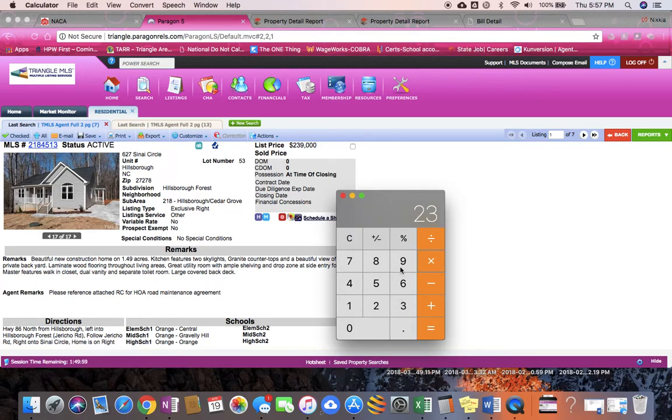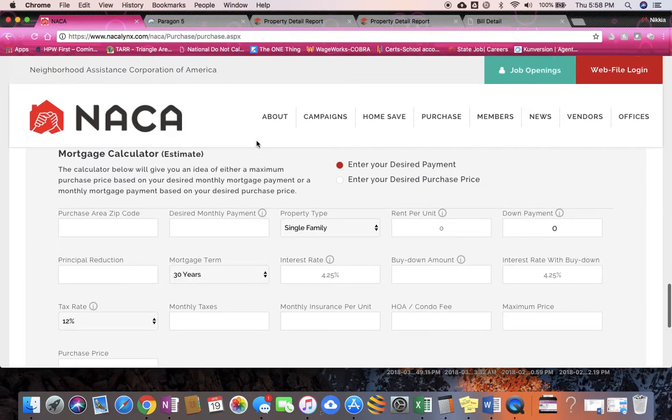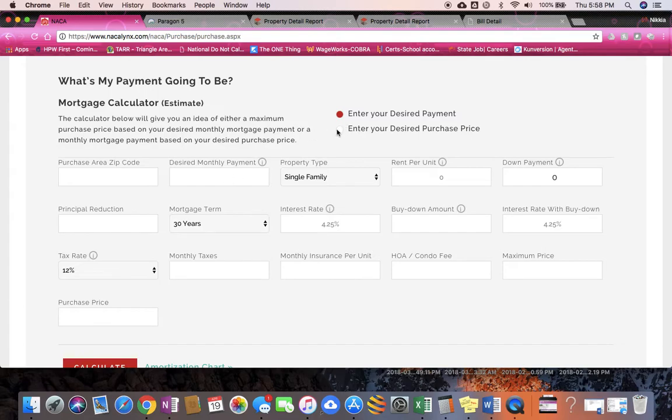Multiply that times 239, and that's going to give me an annual of $2,220 and some change. We'll just do 2221 for our amount. We will go to the NACA calculator, change this to purchase price.